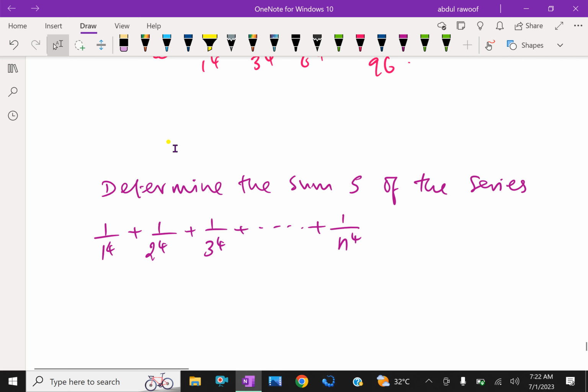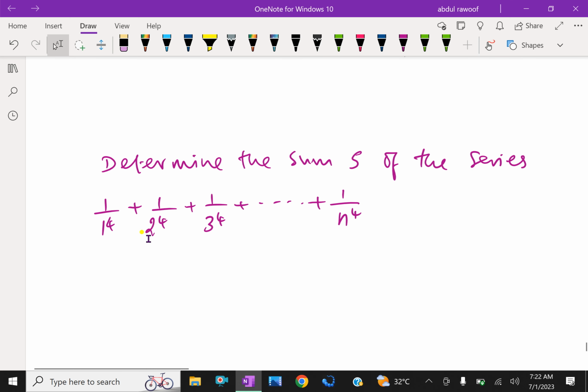Now in general, you can determine the sum s of the series.